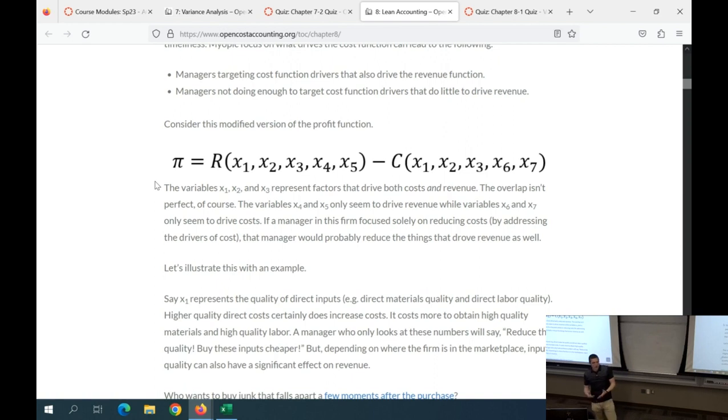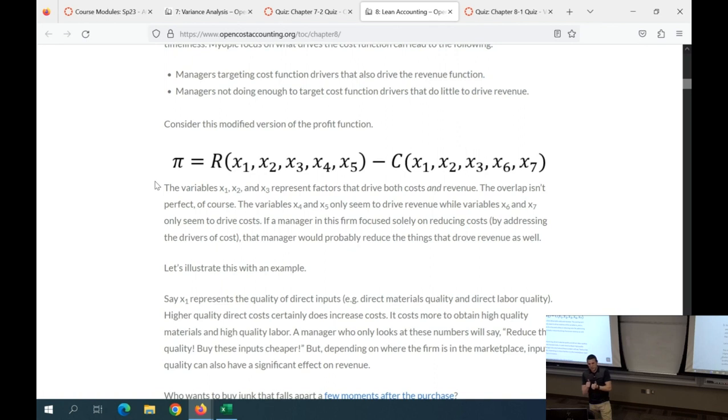In a nutshell, that is the lean mindset: there's an X1 in revenue and an X1 in cost, an X2 in revenue, an X2 in cost, an X3 in revenue, and an X3 in cost. If you're strictly following cost accounting to its logical end, you will be grinding every employee for every second of his or her time until they want to quit.